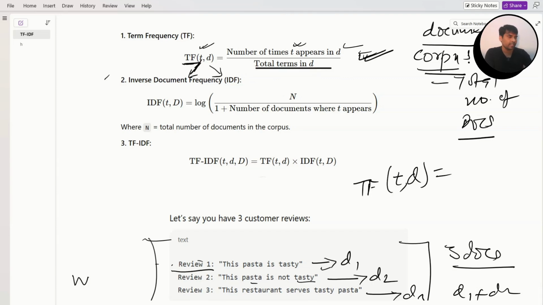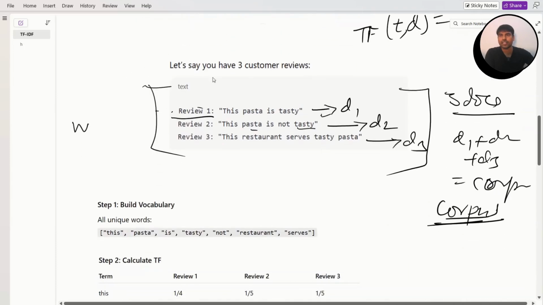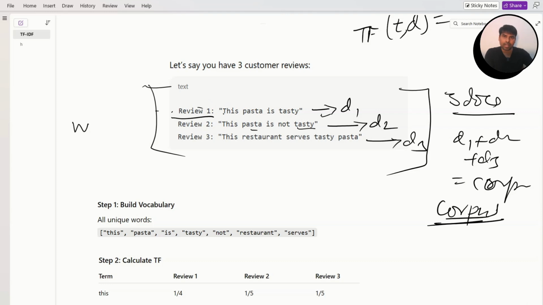For example, let's suppose I pick up the keyword this. I want to calculate TF for the keyword this in document D1. In the numerator, how many times is this keyword repeating in this document?